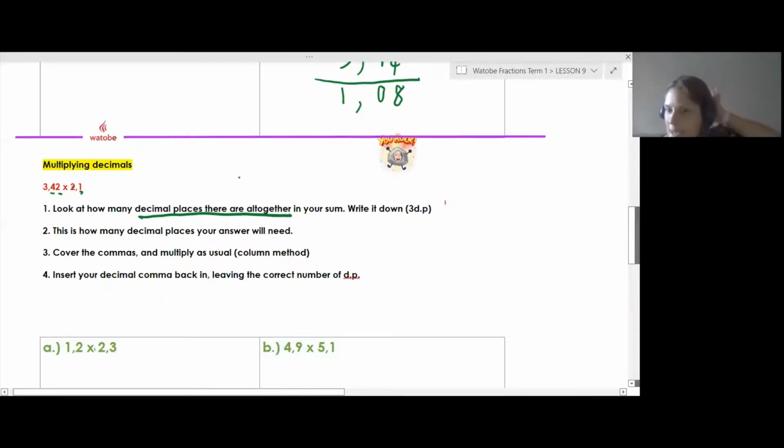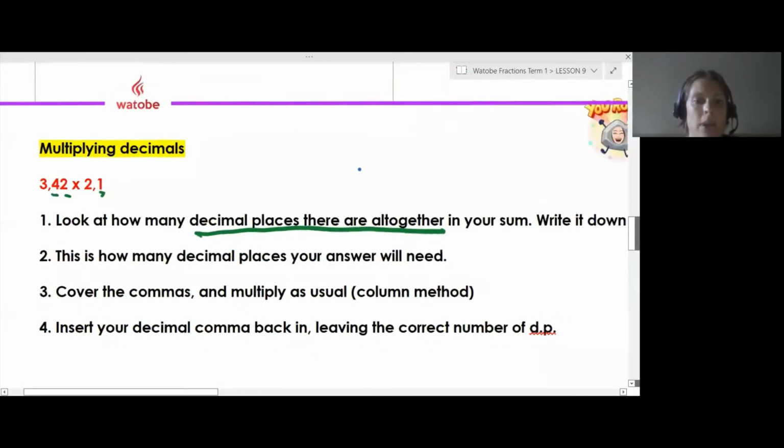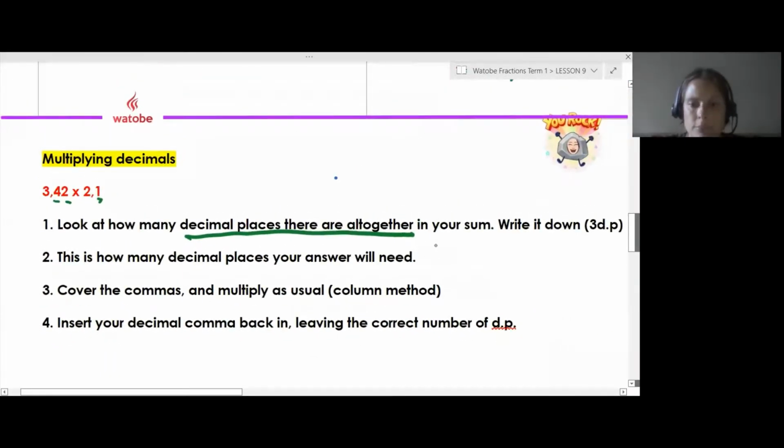So I've got 3 numbers behind the commas. I'm going to write that down so that I know my answer must also have 3 decimal places. So first I look at how many numbers are after the decimal commas altogether in my sum, and then I know that's how many I need in my answer.